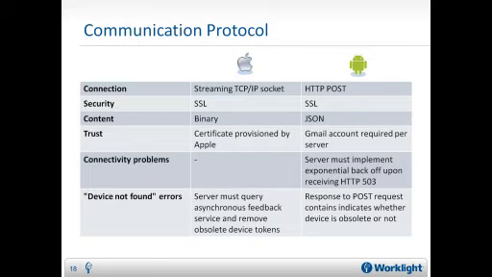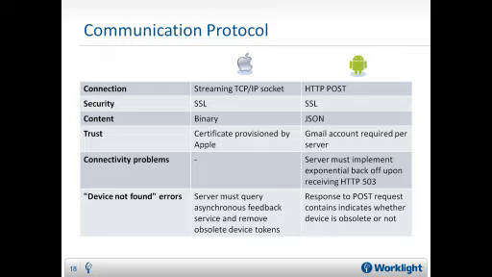Now, when failing to deliver, each service mandates different behavior. APNS requires the server that pushes the notifications to periodically query a feedback service. And the feedback service returns the device tokens to which notifications should no longer be sent. Usually this happens because the app unsubscribed from notifications or it was uninstalled by the user.